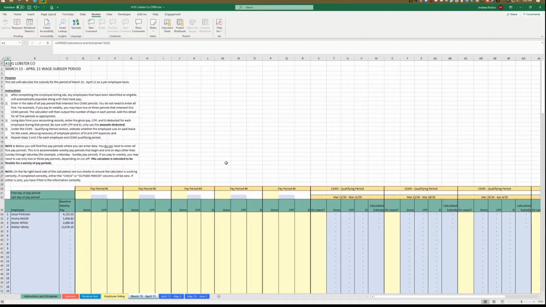So what you have to do to complete this is enter our pay periods. Now you may be asking, why do we have 5 pay periods here if there's only 4 qualifying weeks? Well, the answer for that has to do again with cutoff.